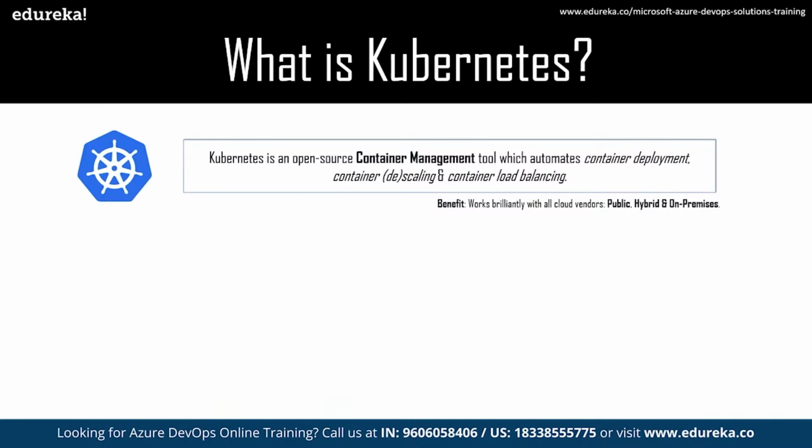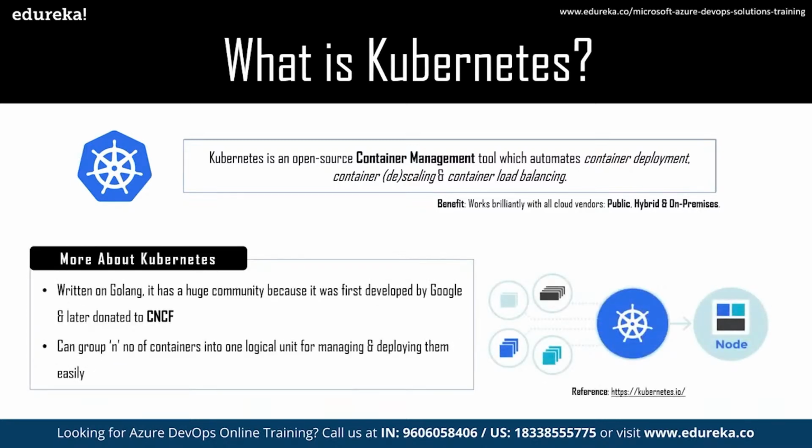What is one of the benefits it offers? It works brilliantly with all cloud vendors, be it your public, hybrid, or on-premise. And one of those popular cloud platforms, as I've mentioned, is Microsoft Azure, which we'll be discussing as we move further. So what do you need to know more about Kubernetes? Now, these are some of the facts, some of the things that might intrigue you. Kubernetes was developed by Google. Google, as we know, brings in a big customer base, a big audience, a big community to discuss.